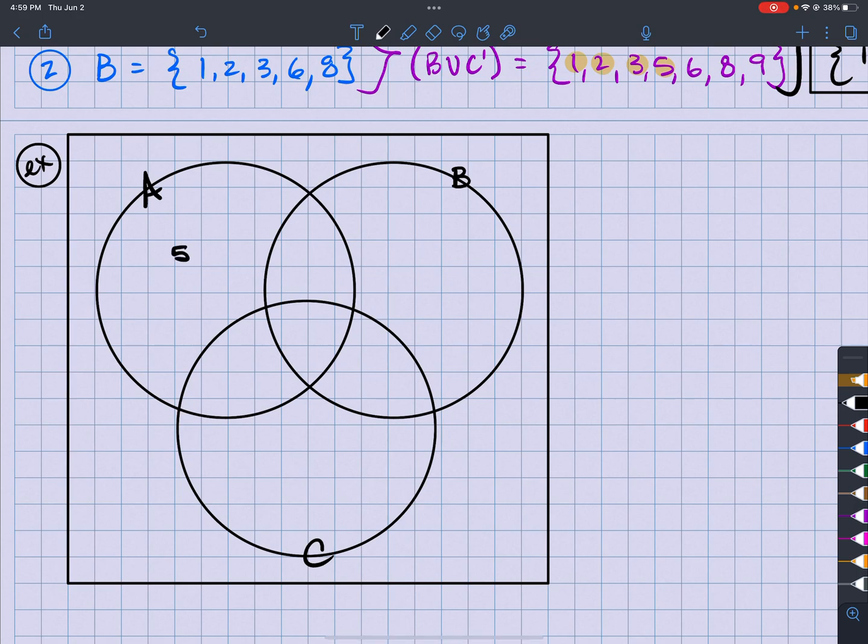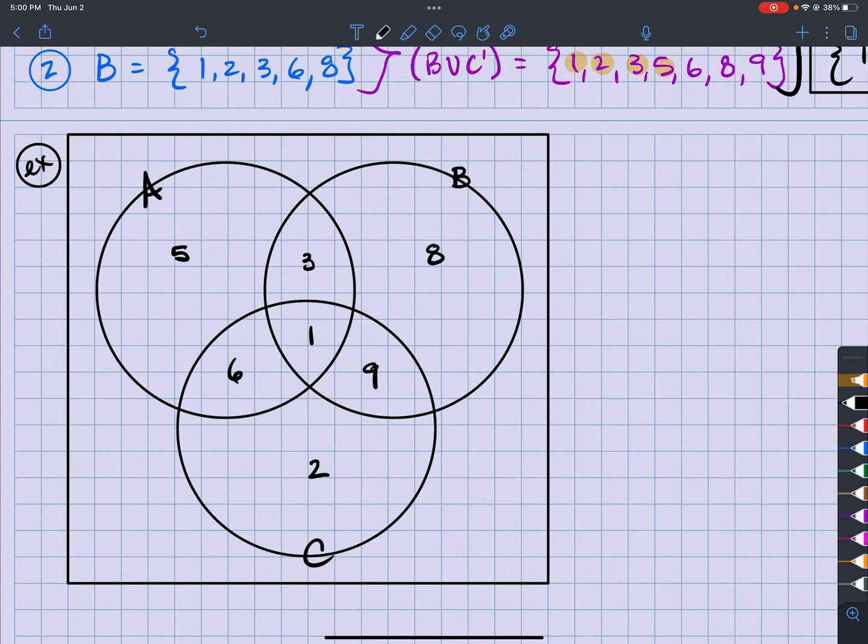So there's 5 elements in here, 3 in here, 8 in here, 1 in here, 9 in here, 6 in here, and 2 in here. Those are based on the cardinal number in each particular region.